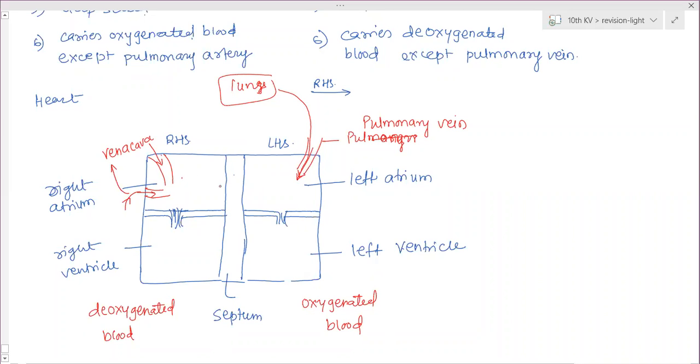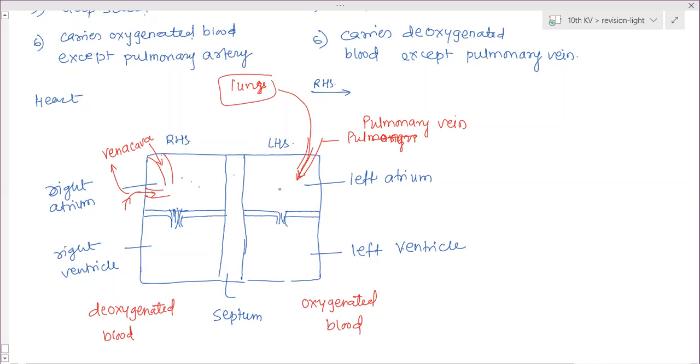At the same time, the atria receive blood by a relaxation process. Both atria relax and the blood is poured into the right and left atrium, from different parts of the body on one side and from the lungs on the other. After that, when the blood has entered, they contract.